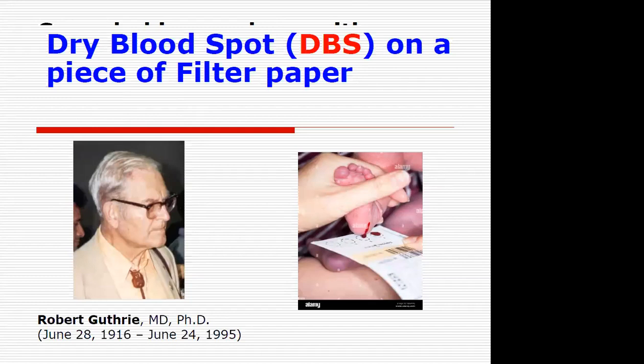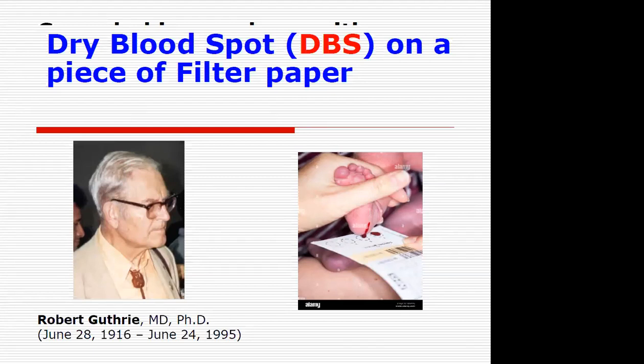The test that he invented was based on microbiological principles. Actually, he was a microbiologist, and he invented a test based on Bacillus subtilis, and he was able to diagnose PKU.